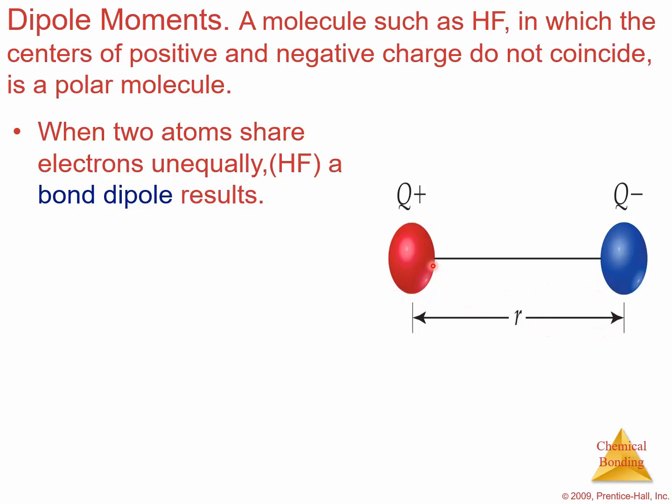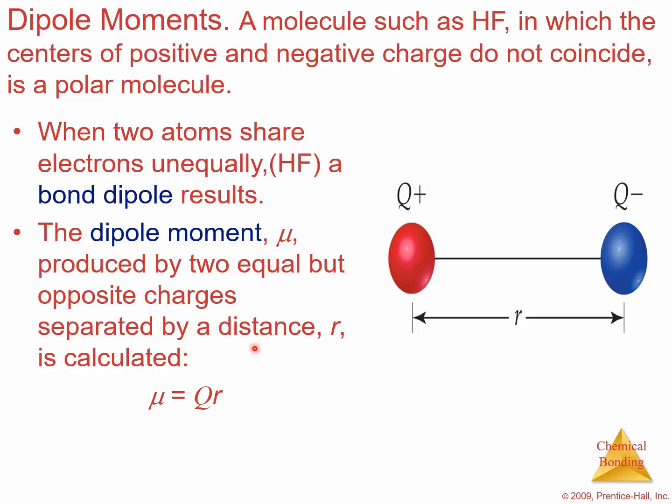We can indicate the polarity of each molecule in this way: we can draw an arrow from left to right. When two atoms share electrons unequally, a bond dipole results. Polarity helps determine many properties. Polar molecules are likewise attracted to ions.